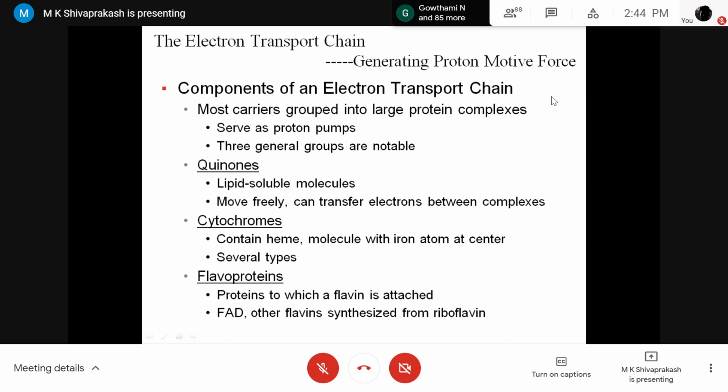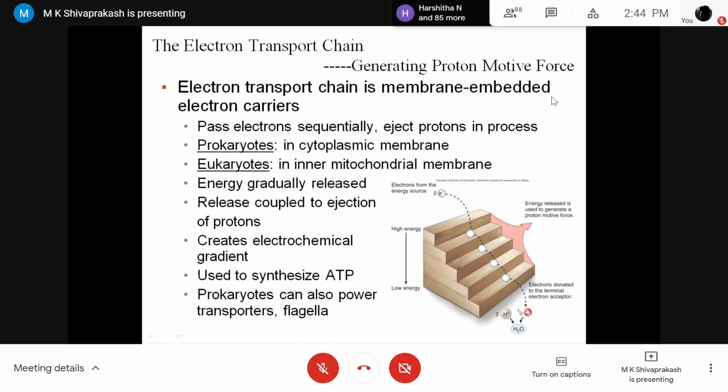The main role of this electron transport chain is the generation of the protonmotive force. A gradient is created.